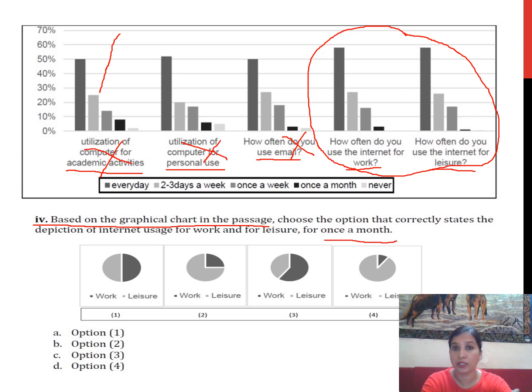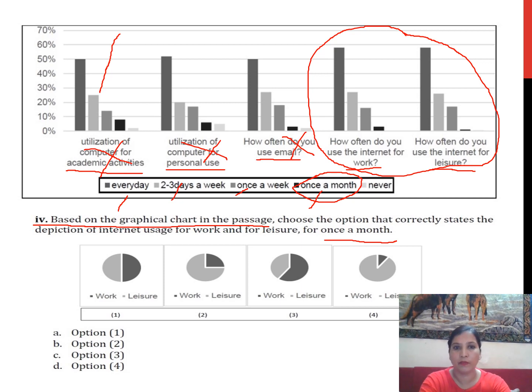The question is saying once a month. So here we are told that for every day this shade is used, for 2-3 days this shade is used, for once a week this shade is used, and for once a month this shade is used. So now we have to see that for once a month how many people use it for work purpose and how many people use it for leisure purpose once a month.